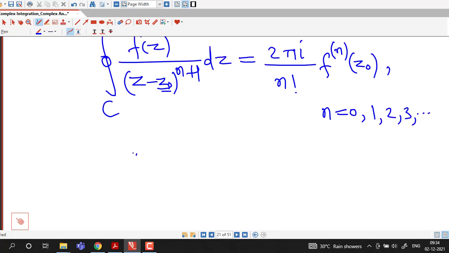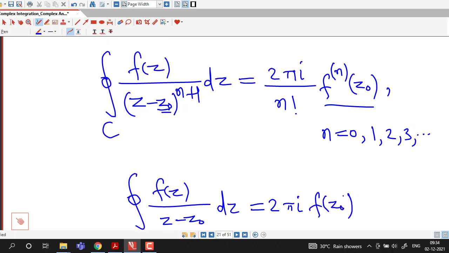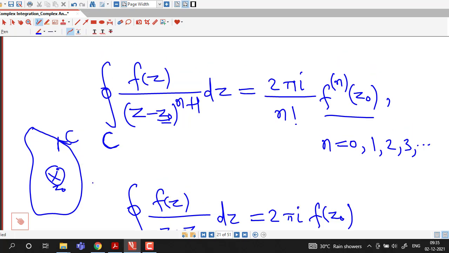For n equal to 0 we obtain that the integral of f of z over z minus z0 dz will be equal to 2 pi i times the 0th derivative, that means the value of the function at z0. So here in both cases we assume that our function f of z is analytic everywhere inside and on this simple closed contour C, and z0 lies inside this simple closed contour C.